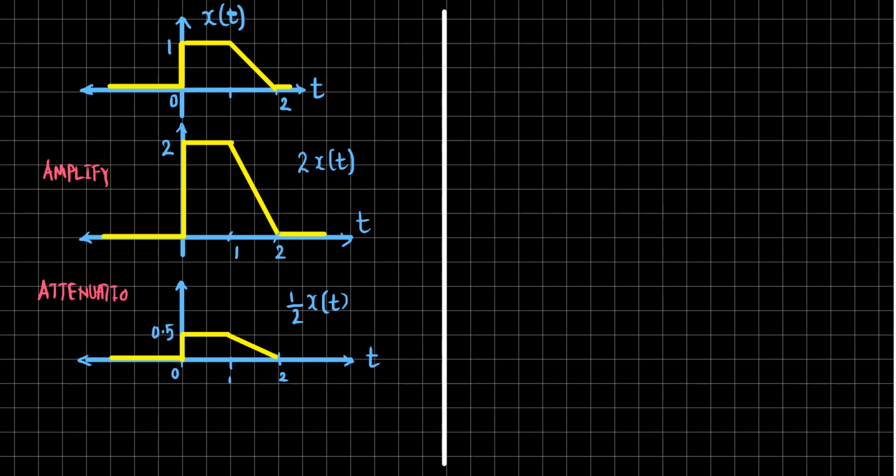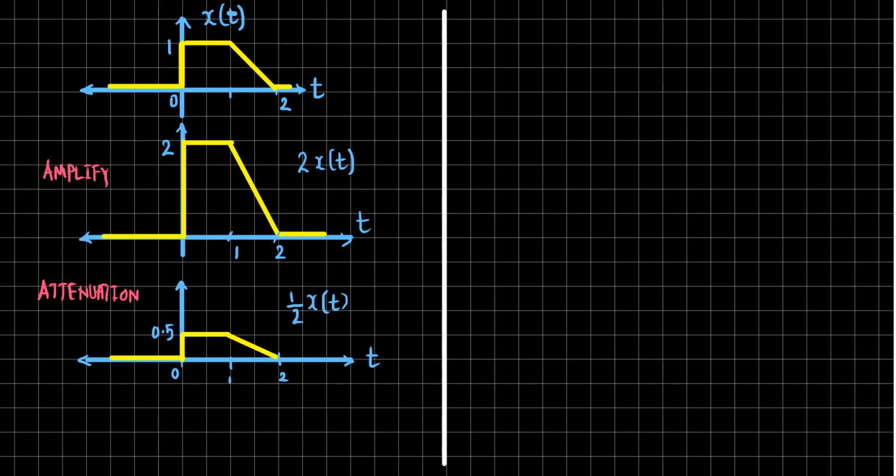Both of these operations come under scaling of the dependent variable. You may note that in both of these operations we are scaling the dependent variable. We are scaling the amplitude. Another operation that we can perform is the flipping operation, meaning we can simply flip this signal upside down.